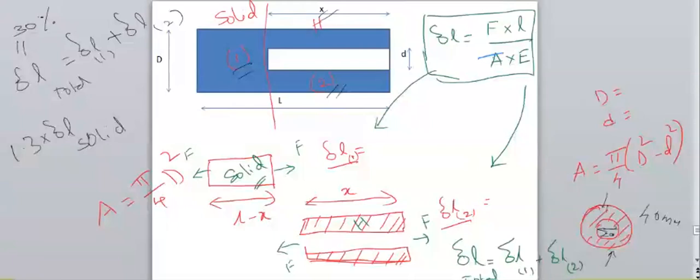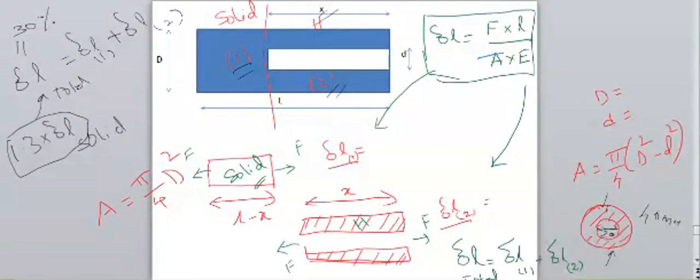Initially it is one value, and it is increased by 30%. Therefore, I multiply the previous solid body delta L by 1.3 to get the total elongation of the component.